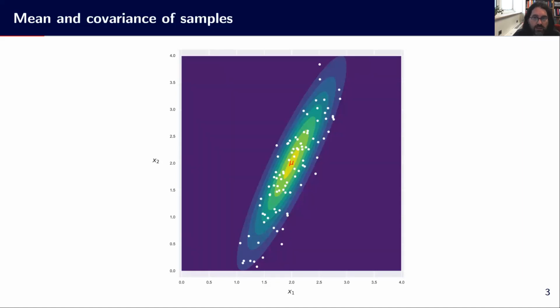If we look at a set of samples, which are the white dots, we can see that these samples are centered around a mu value, which is really the center of the scatter cloud of points. Then we have also a view, which is kind of a top view of a 2D Gaussian distribution. We can see the lighter yellow region, which is the mean. This Gaussian distribution is kind of coming out from the screen.